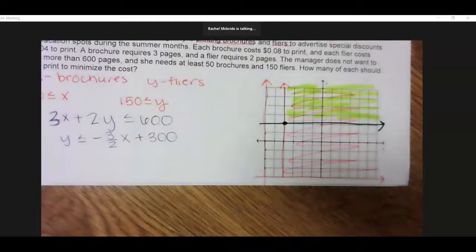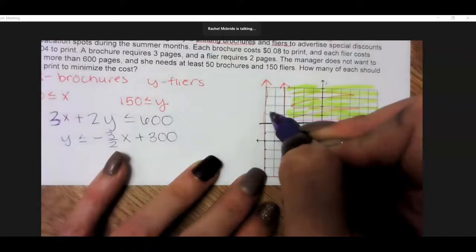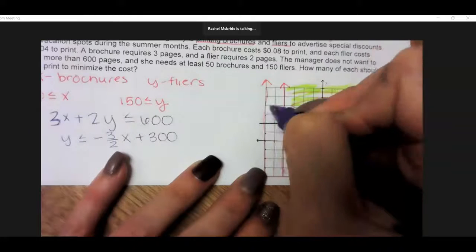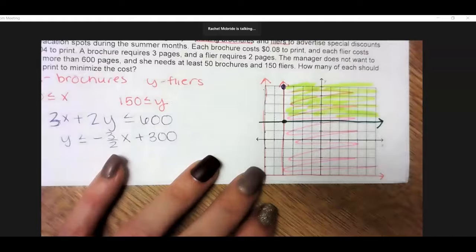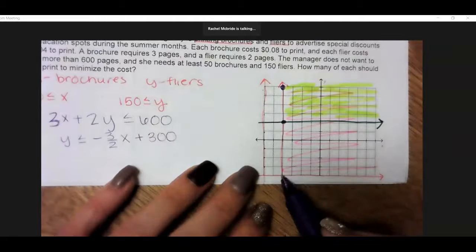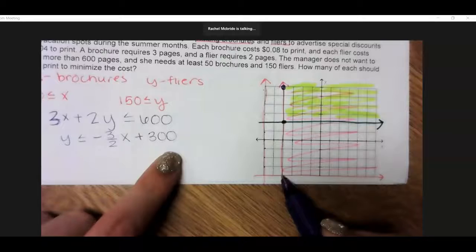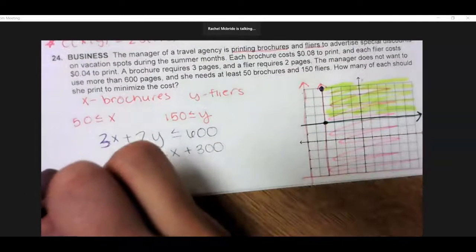So really though, I want to know what happens when x is 50. So that's my point of intersection right here. That's 225. So I have this point of intersection here, that when x is 50, we have 225. That's going to be one of my vertex points.